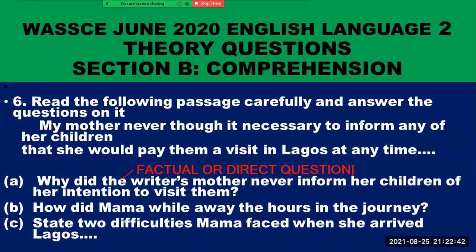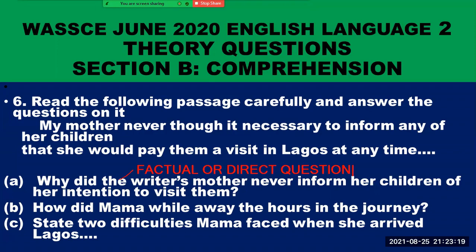If you check the description section, you will find a video on types of comprehension questions and how to answer them correctly. So you will find that there are different types of comprehension questions and different correct ways of answering them. So question A is what we want to use to illustrate here, and it's an example of a factual or direct comprehension question. Now, why did the writer's mother never inform her children of her intention to visit them?